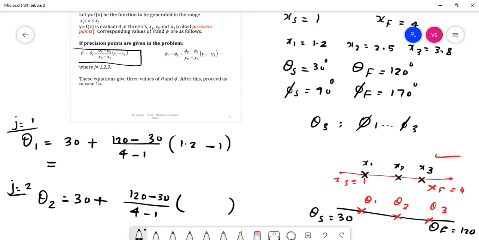The only change will be here. Here we used x1. Now if you use x2, that is 2.5 minus 1, this will give you a theta 2 value.